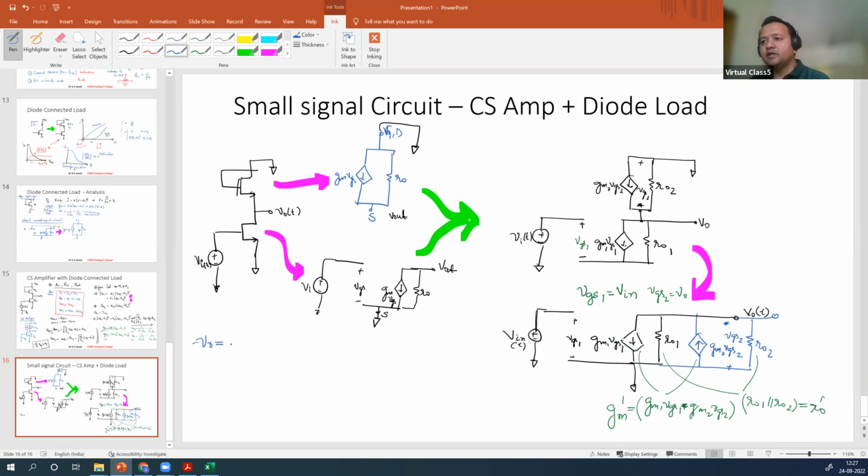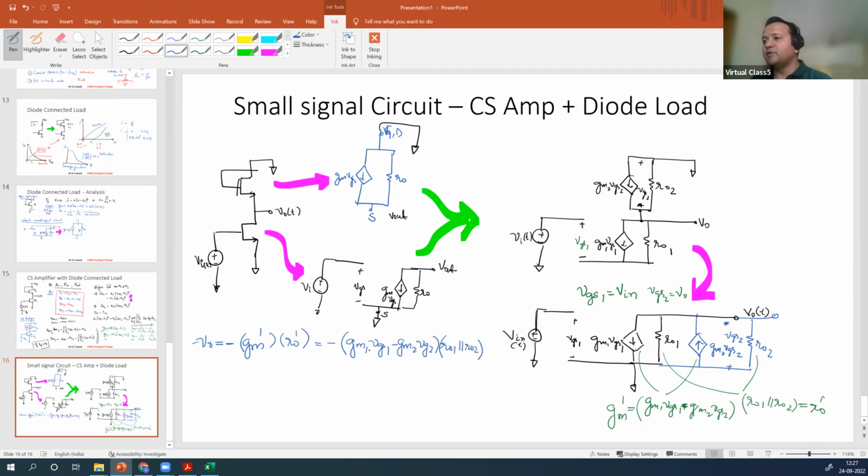So that would be negative sign because of the inversion. Then GM effective multiplied by R out effective, R out prime. If you rewrite this, minus GM1 VGS1 minus GM2 VGS2 times R01 parallel with R02.